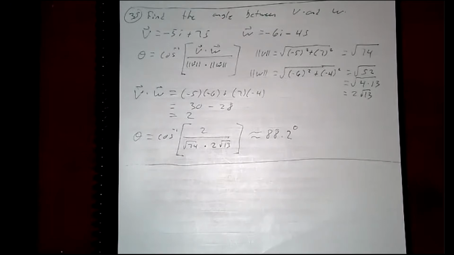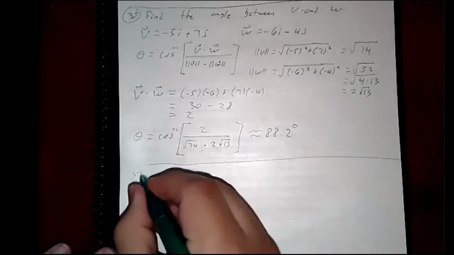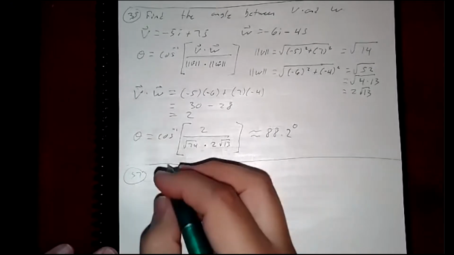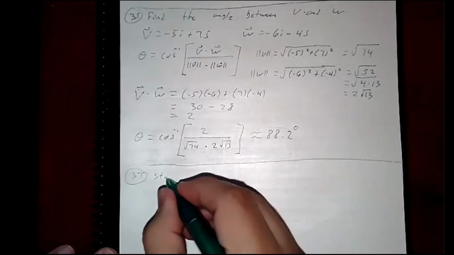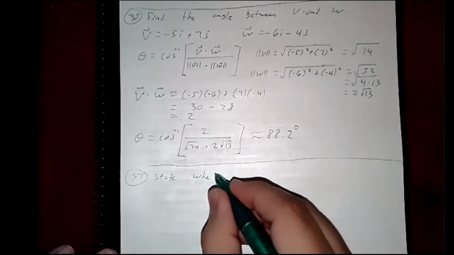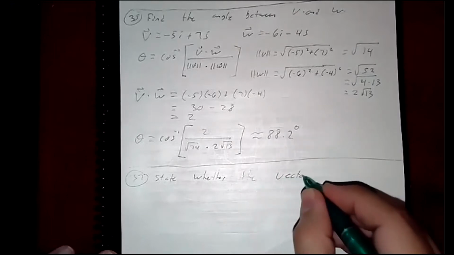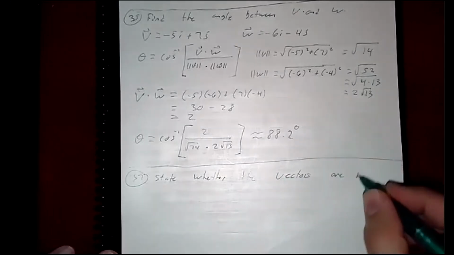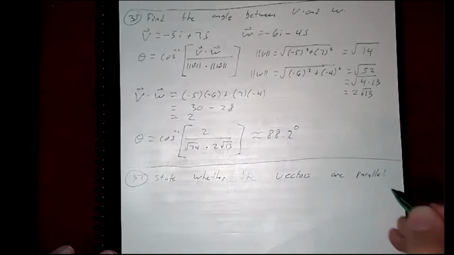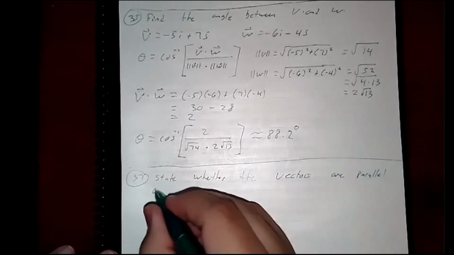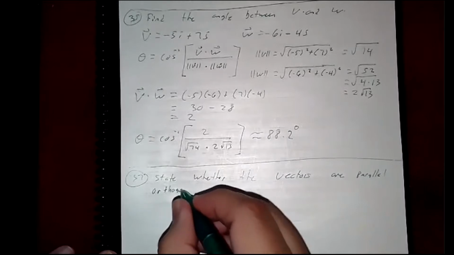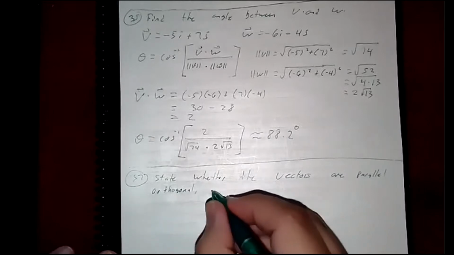37. Let's go ahead and do 37, I guess. Number 37 says state whether the vectors are parallel, orthogonal, or neither.